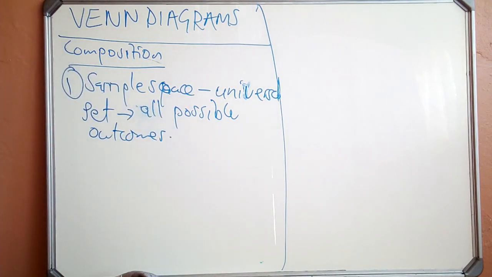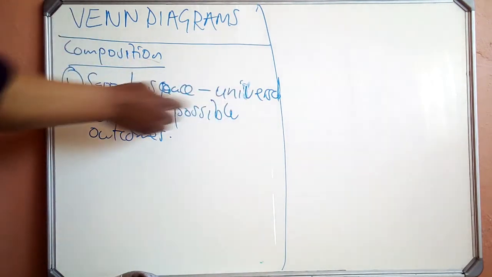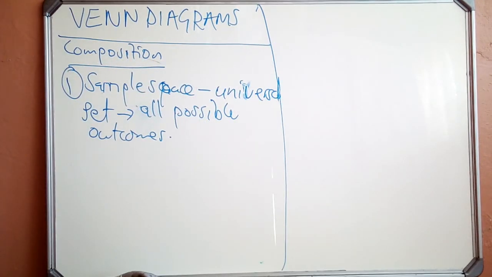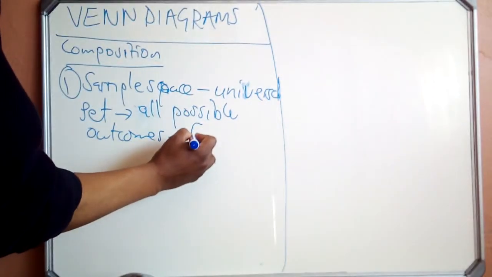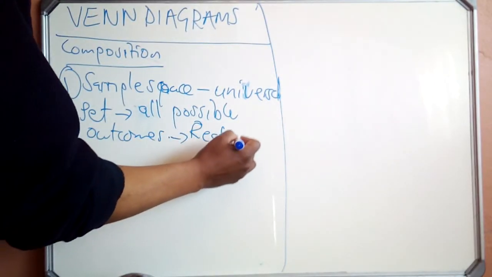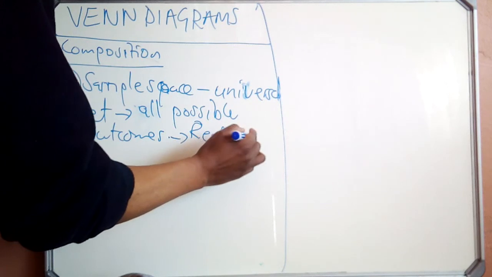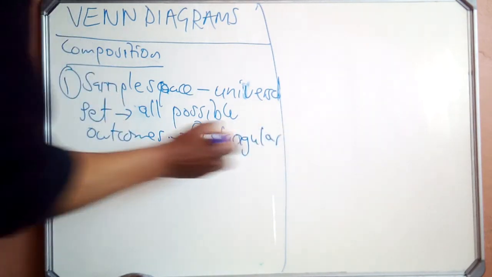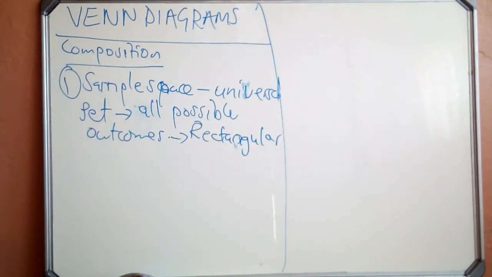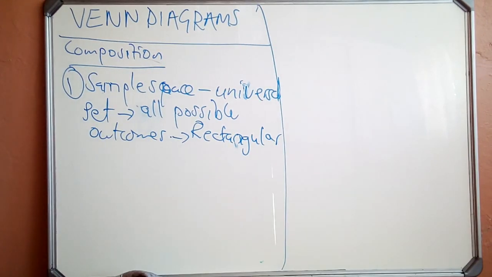Since sample space is the same as universal set, and it comprises all possible outcomes, it is usually rectangular in shape. It is the outward part of a Venn diagram, and all the possible outcomes are found in the sample space.